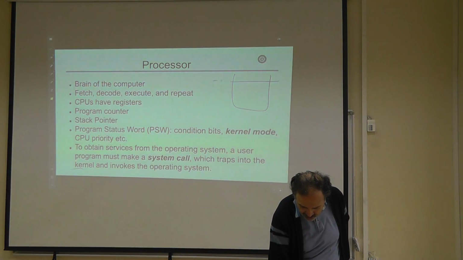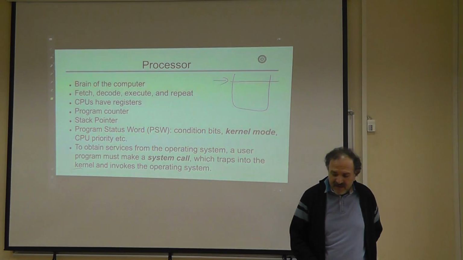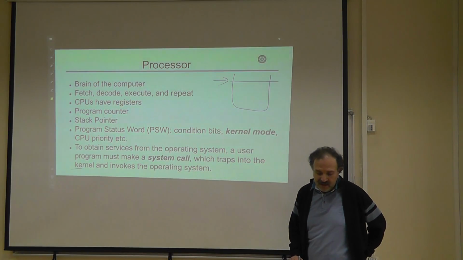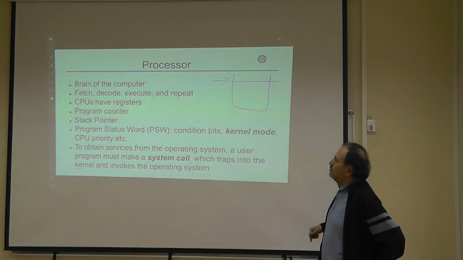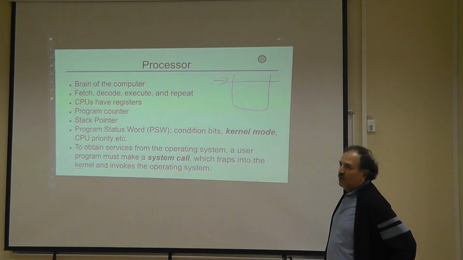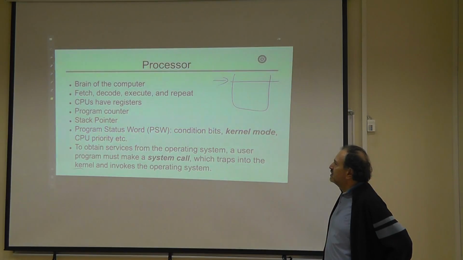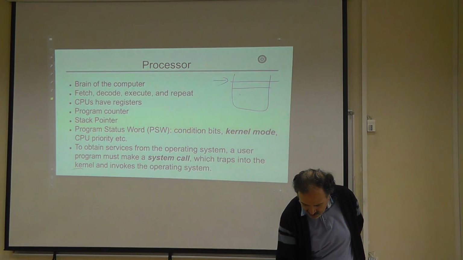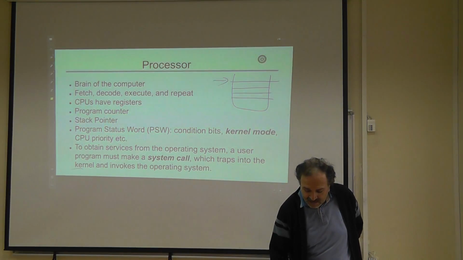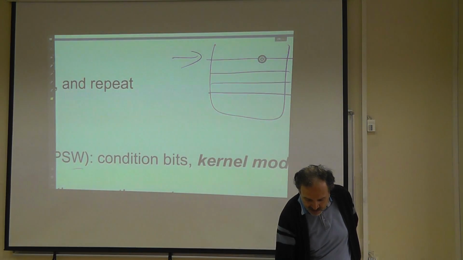To point to the top of the stack, I have a register, and this address is accessed many, many times, so it has to be very fast. That's why you have special registers to show you the top of the stack, because you increment them, decrement them. This is your stack pointer, right?